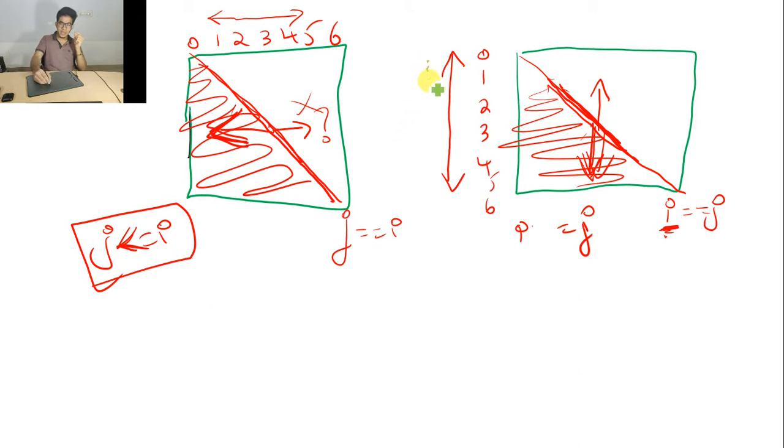In the down direction, is the I value decreasing or increasing? All these I values, when you go down, don't you think the I value is increasing? 0 becomes 1, 1 becomes 2, 2 becomes 3. I value is increasing.